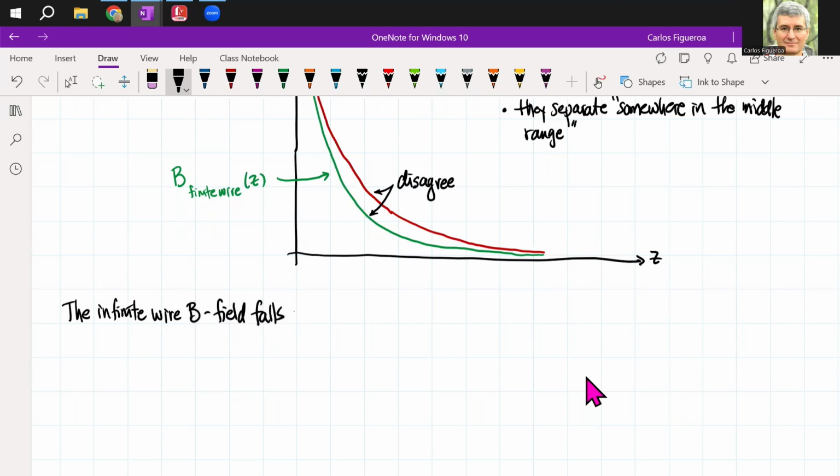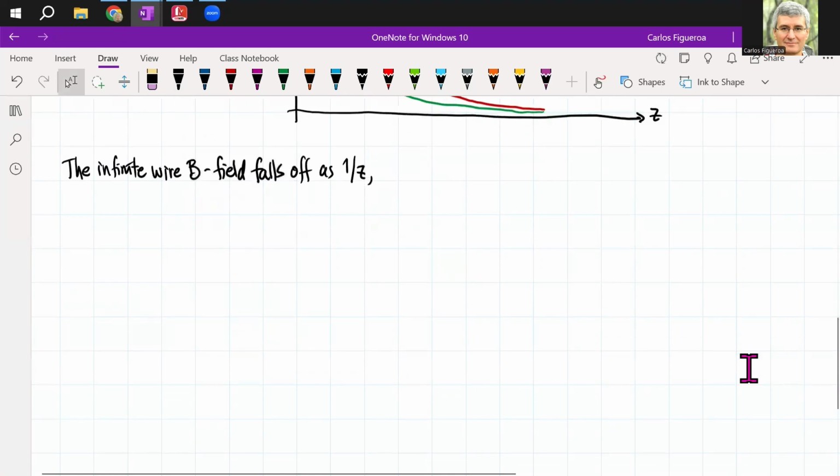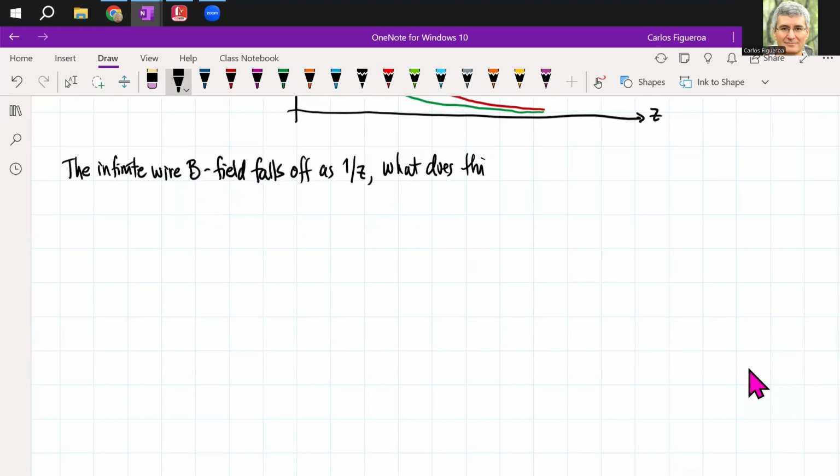Falls off as 1 over z, as long as we don't spend too much time in the middle. Now, what does this mean? So the question that we're asking is, what does this mean, let's say graphically?